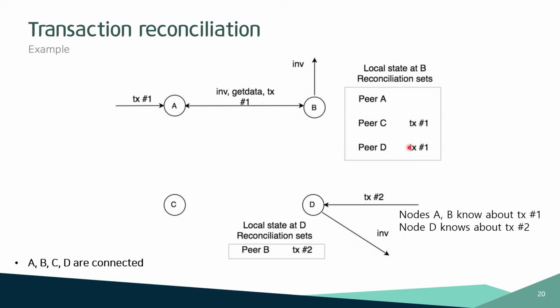And let's say that node D received transaction 2 from other nodes. D hasn't sent it to B, so D writes transaction number 2 in B's row in its reconciliation set.